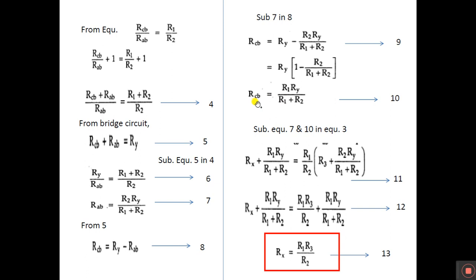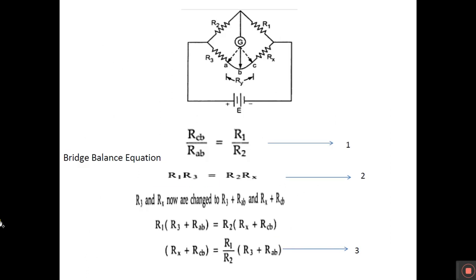I am going to apply both RCB and RAB in equation number 3. What is equation 3? This one: Rx plus RCB equals R1 divided by R2 into (R3 plus RAB). Here RCB is there, here RAB is there.